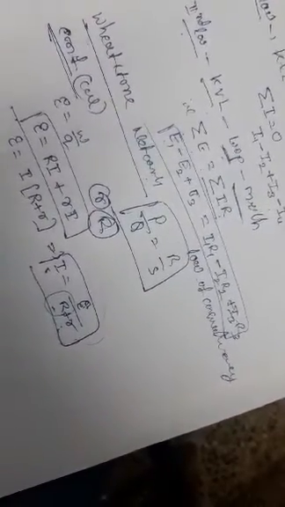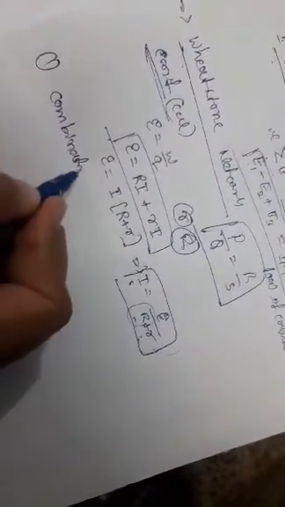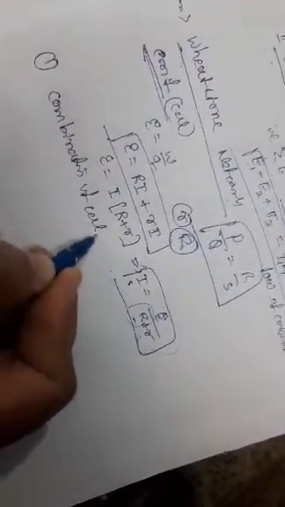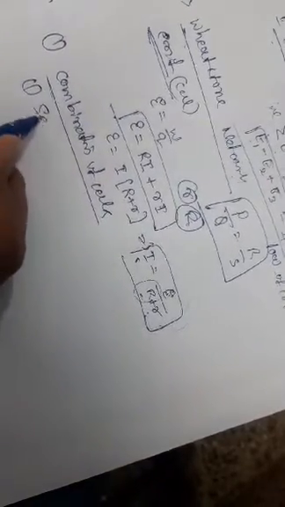The first one is when the cells are connected in series, and the other is when the cells are connected in parallel combination.